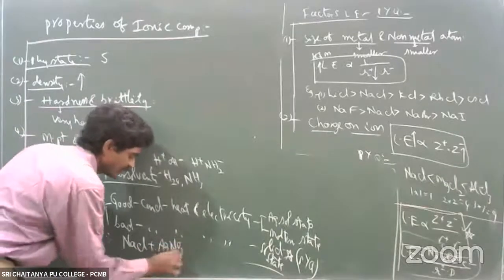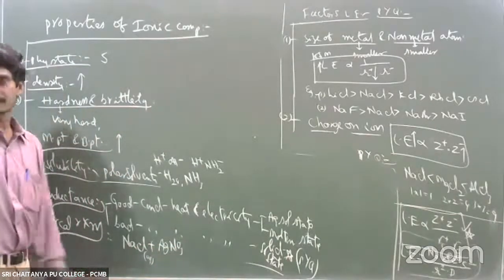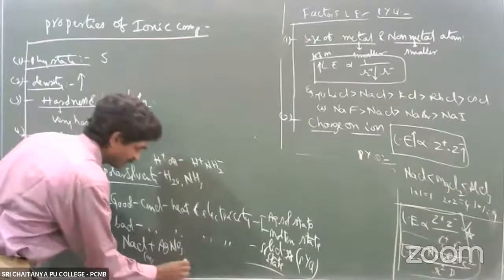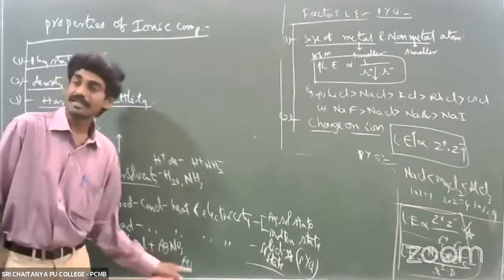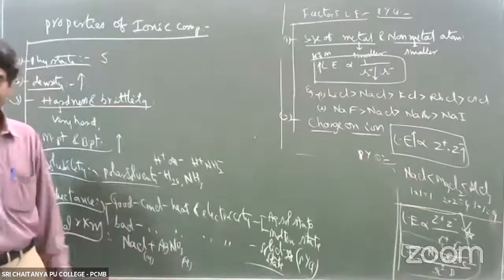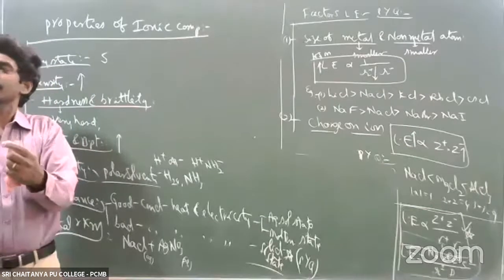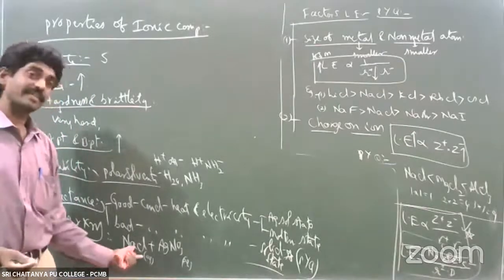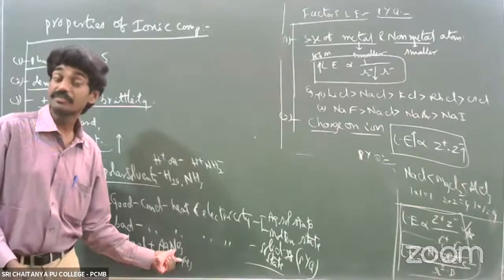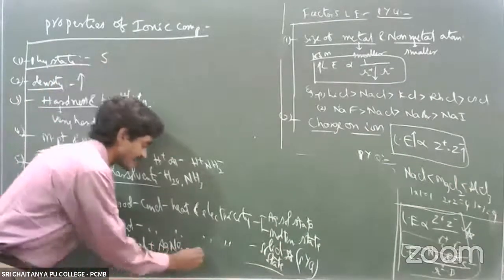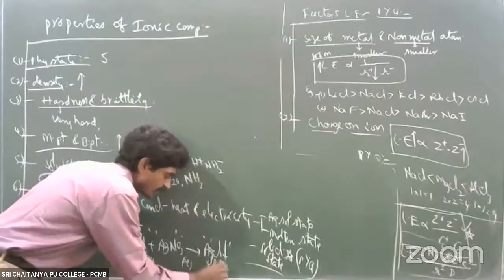Take 5 ml of sodium chloride aqueous solution in a test tube, and 5 ml of silver nitrate aqueous solution in another test tube. Take 2 ml of NaCl and add it to the aqueous AgNO3 solution. Within a fraction of a second, a precipitate of silver chloride is formed.